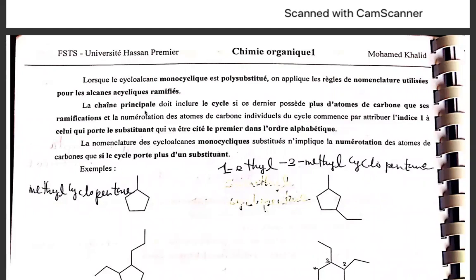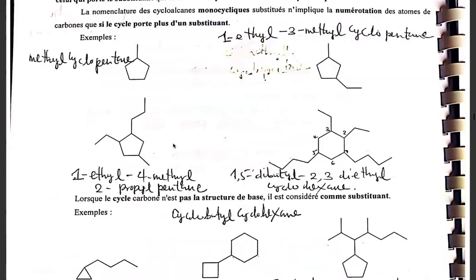Like when you look at benzene, the chain principal is the cycle. Is it clear so far? The chain principal is the cycle. Is it clear? So now, to add on to what I'm trying to say.